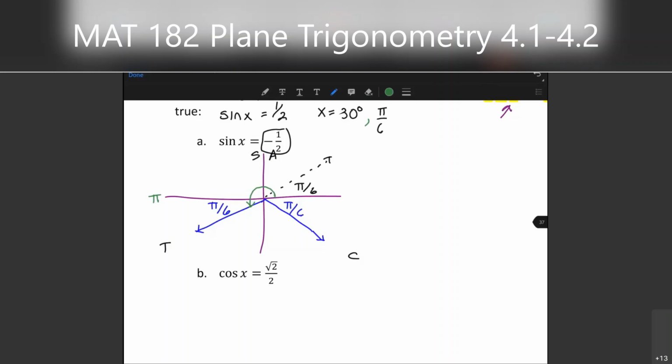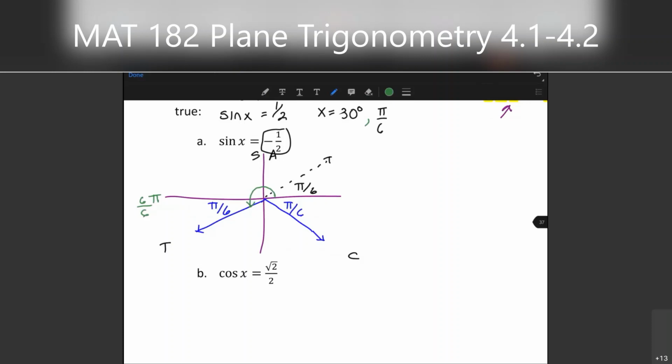Pi plus pi over 6. We can think of this as 6 over 6 pi.